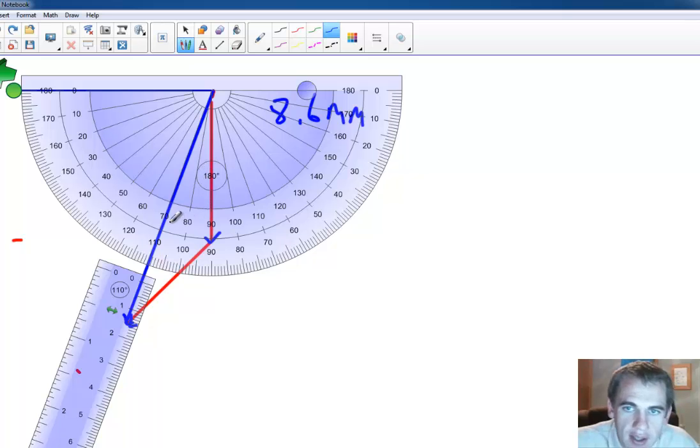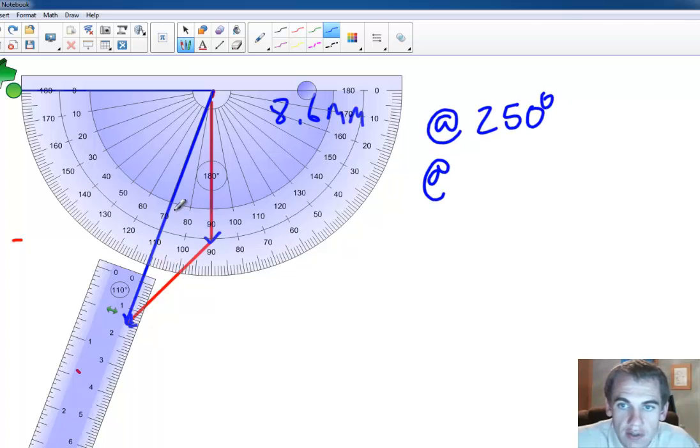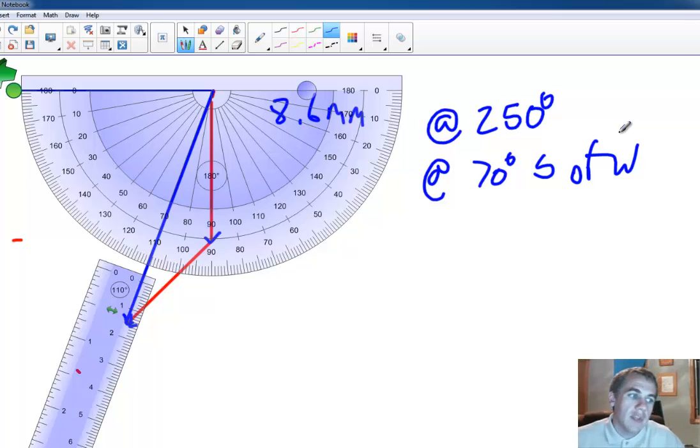Now I've got to be careful. I'm measuring from here, which is 0 degrees, so this is 180, and then I'm counting up: 270, 260, 250. So it's at 250 degrees. Or if you'd like, you could say 70 degrees south of west. Either of those would be alright.